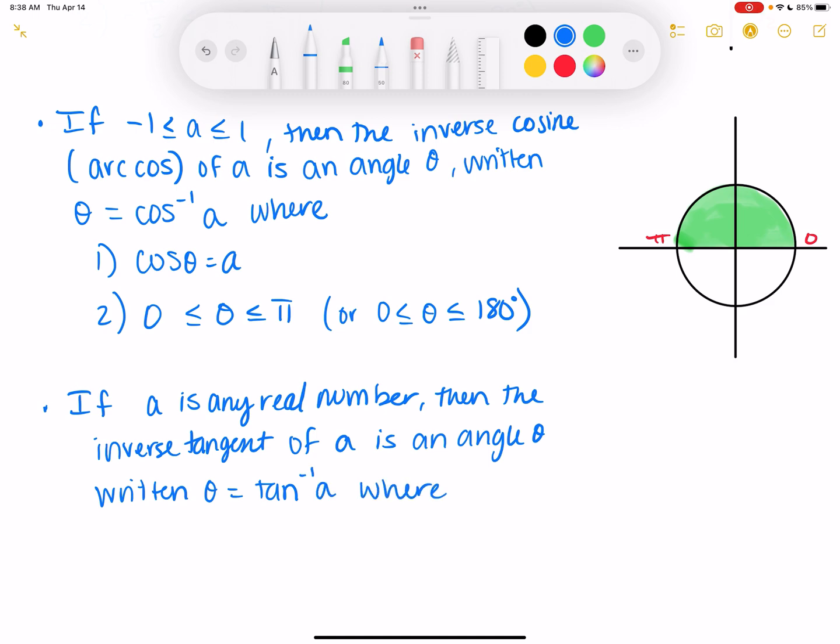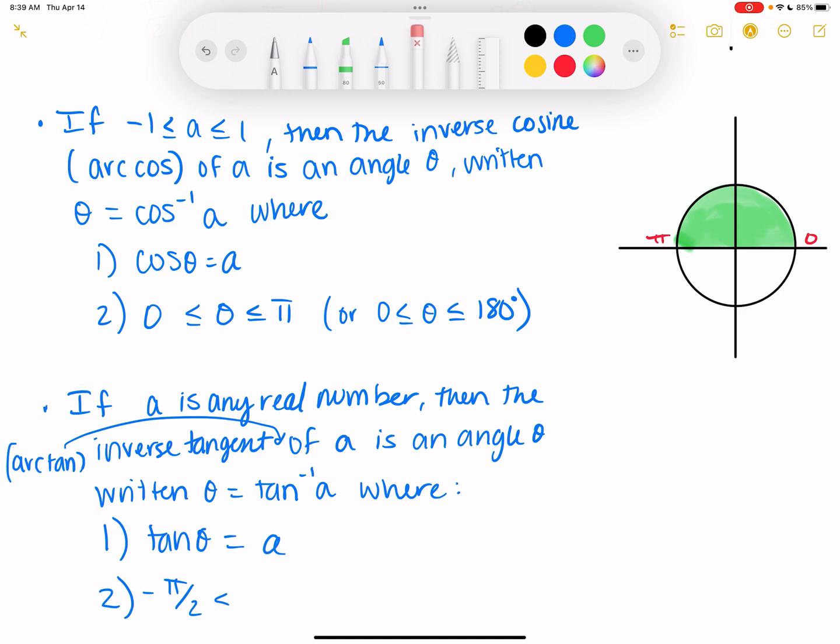An inverse tangent can also be written as arctan, just FYI, where tangent of theta is equal to a, and negative pi over 2 is less than, this one's just less than, theta less than pi over 2, or negative 90 degrees is less than theta less than 90 degrees.